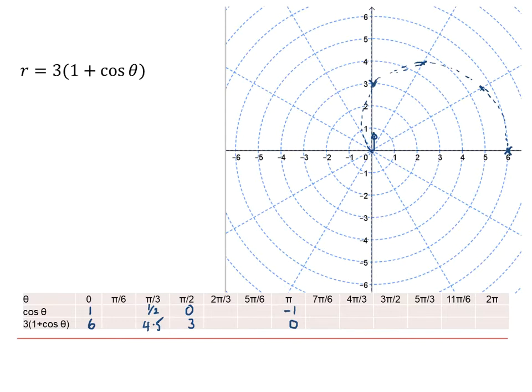So we're going to have smaller values now of cosine theta, reaching 0 by the time we get to 3 pi by 2, so then we'll have come back out to 3. And then finally getting to 1 at 2 pi, so we've come back to the value at 6. So it's actually a reflection of that top part of the graph in this sort of fashion, coming around here.